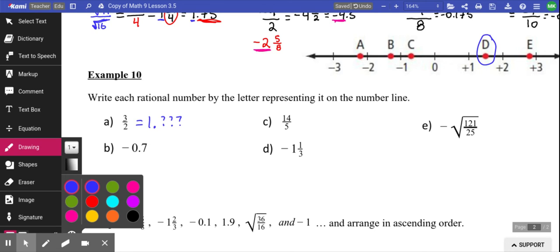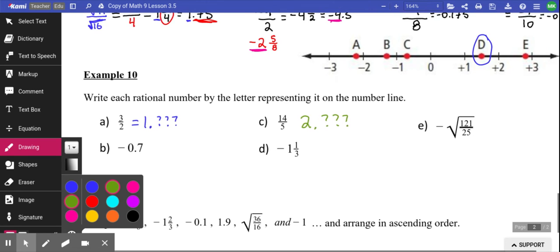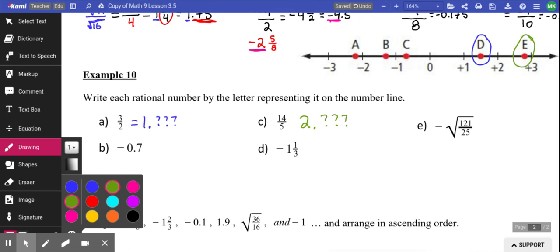If I look at C, I'm going to do the same trick. How many times does 5 go into 14? 2 times, right? 5, 10, so it goes in twice, and then it's decimal something. If I look up at my number line, there's only one number that's 2 point something.